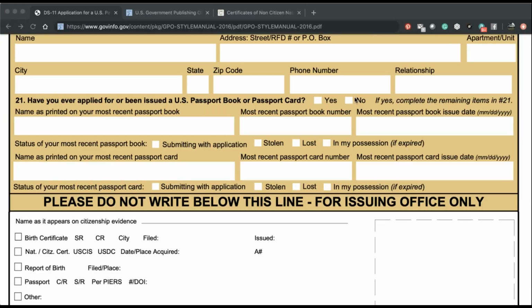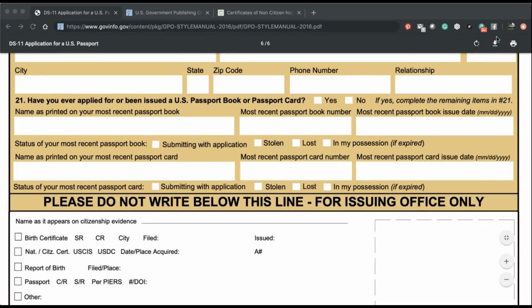You say yes or no. Then you write down the passport book number and the most recent one that you had, and the date. Then it asks you if it was stolen, lost, or in my possession, expired. You can actually keep the old one if it's expired. You don't have to turn that one in. But I turn it in because I give him back that one so I can get another one.